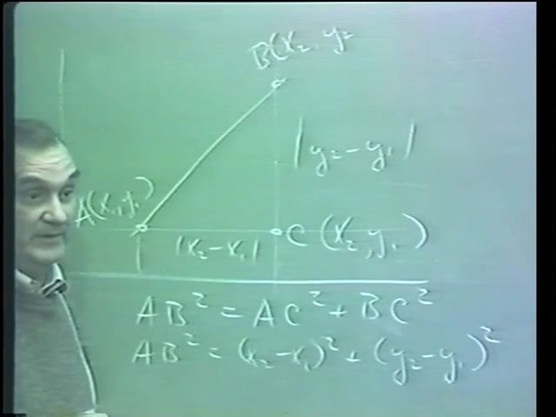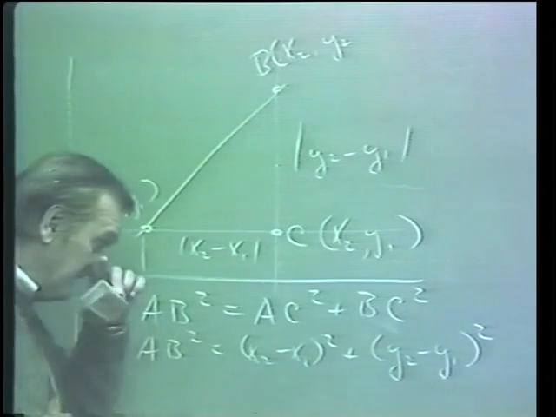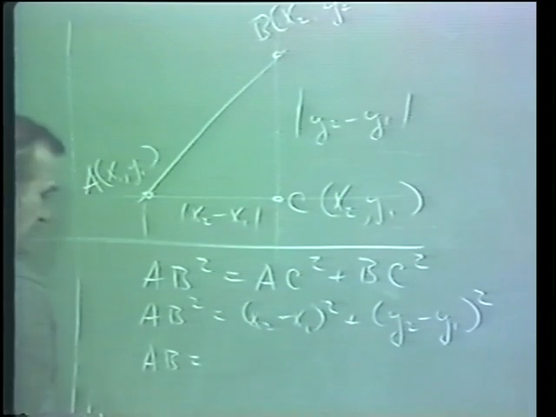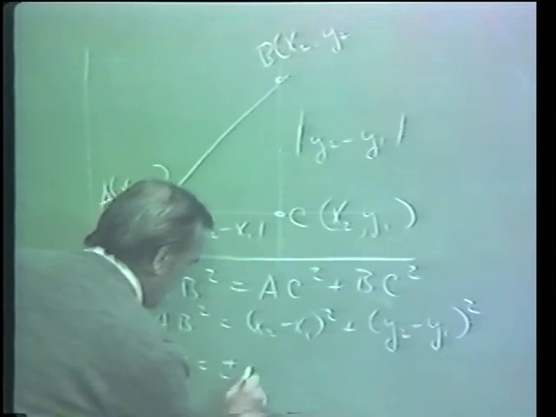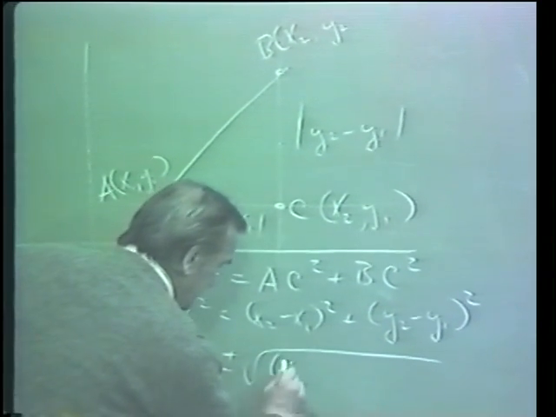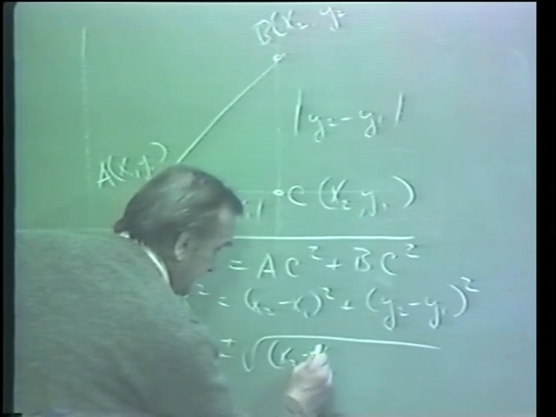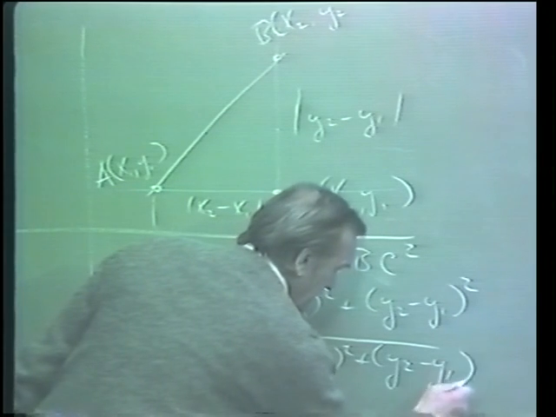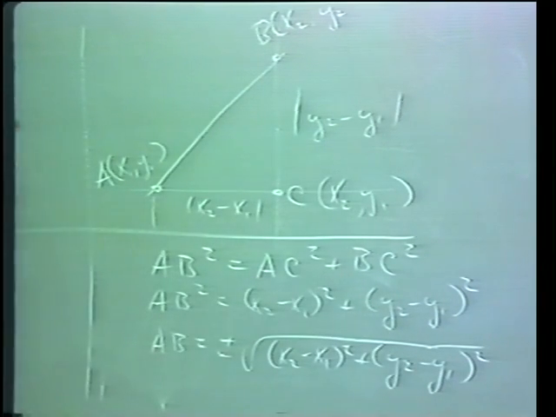Positive, so you don't need the absolute value since you're squaring it. Therefore, AB would equal plus or minus the square root of, remember we're trying to take the square root of both sides, but we're talking about distance.